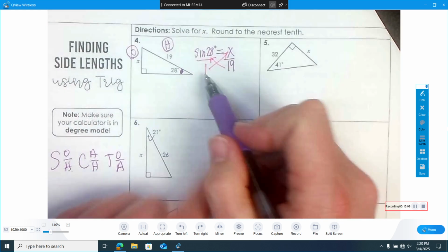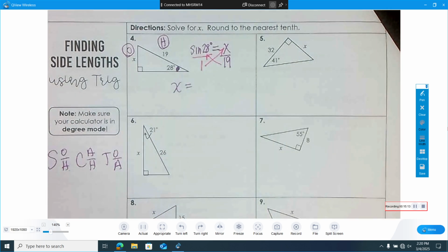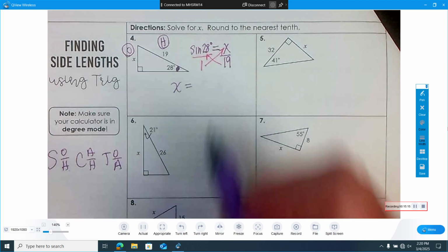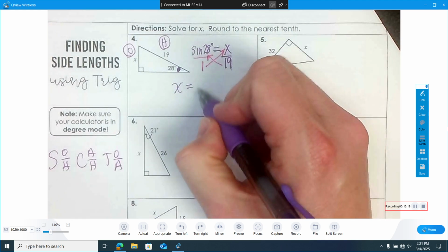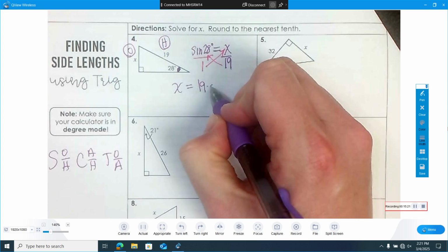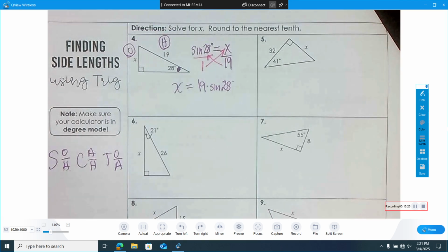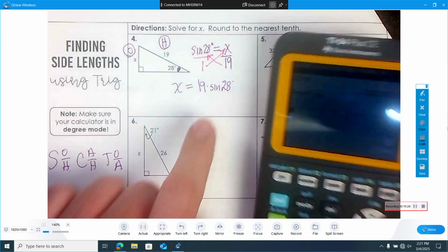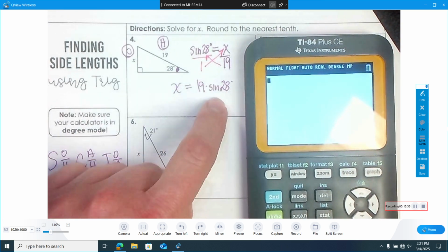So 1 times x is x, and then we have 19 times the sine of 28. Do not use your calculator yet. We are going to write down 19 sine of 28. That's what that means. It's just a product. And now we can plug it into our calculator. You do not use decimals until you're done.